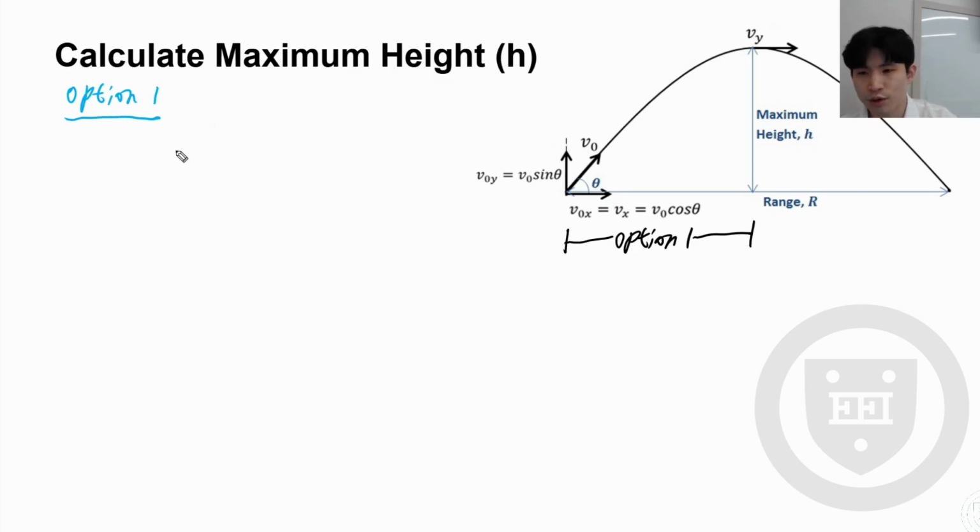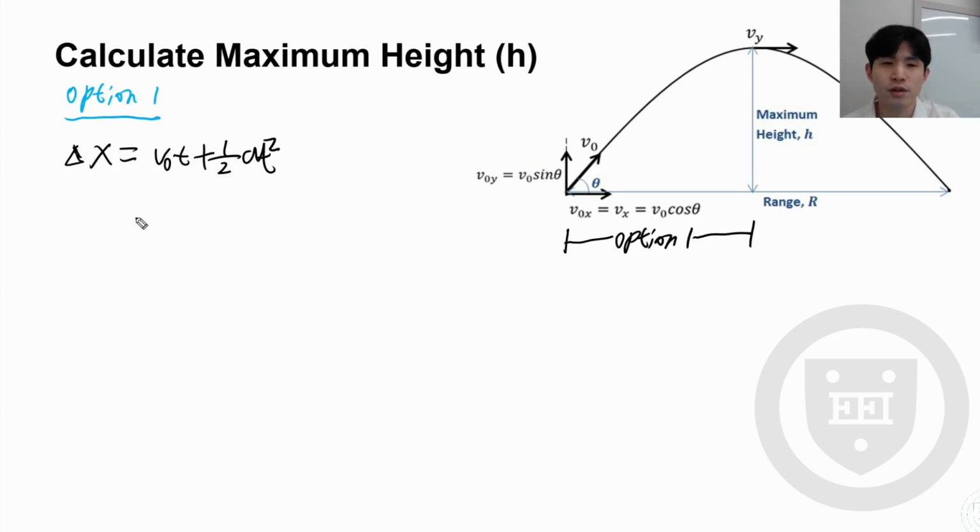So in option 1, we need to use one of the big 5 equations again, which is delta x is equal to v naught t plus 1 over 2 a t squared.